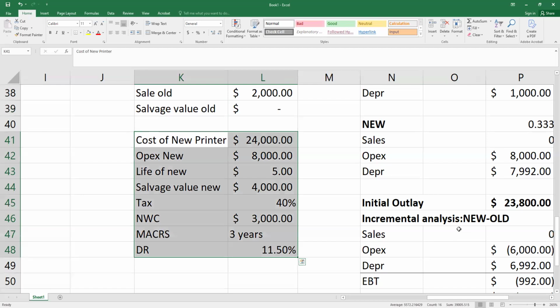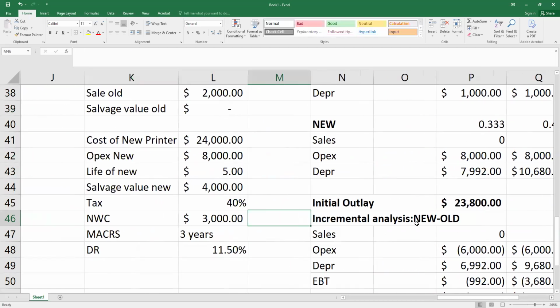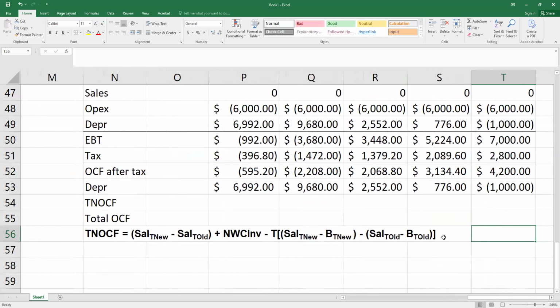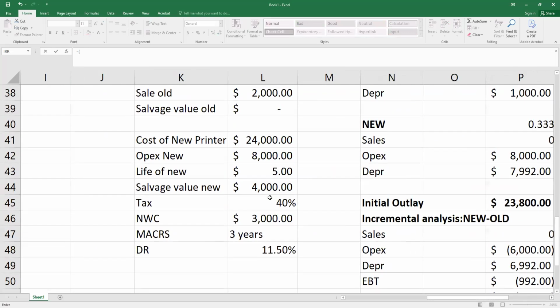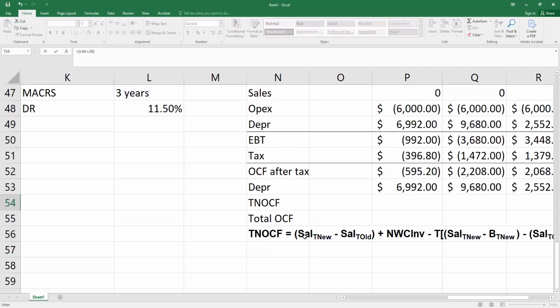Now, open the bracket, 4,000 minus 0. I'm just applying this formula, guys. New minus old.